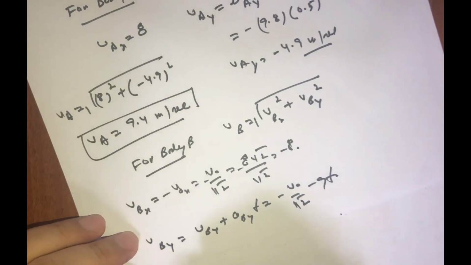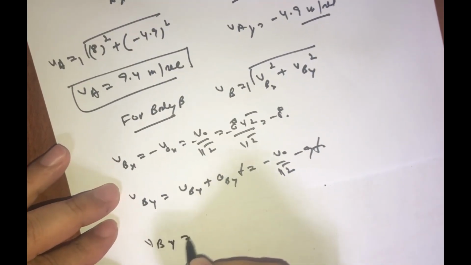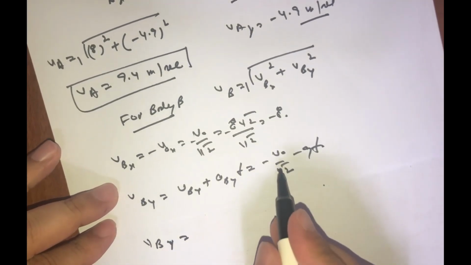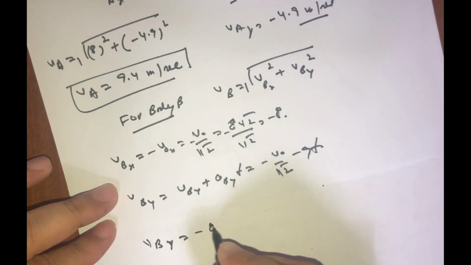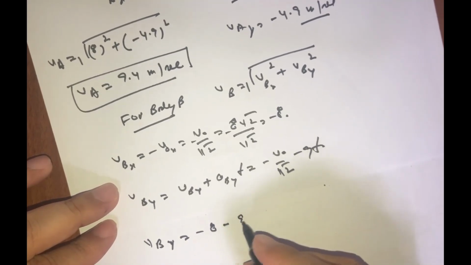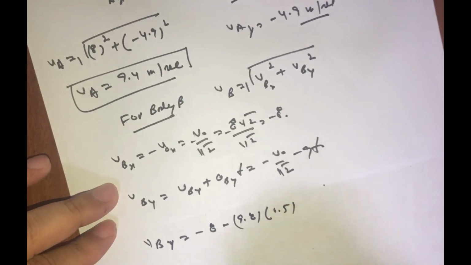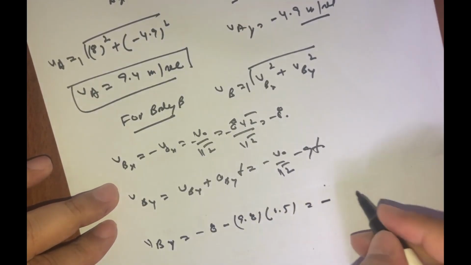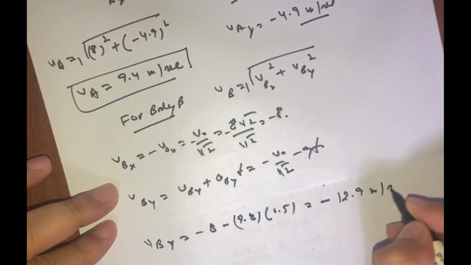VBY, substituting the value, V0 we already know is 8 root 2, so this will be coming as minus 8. This will be minus 9.8 multiplied by time, that is 0.5. So you can write that this will be equal to minus 12.9 meter per second.